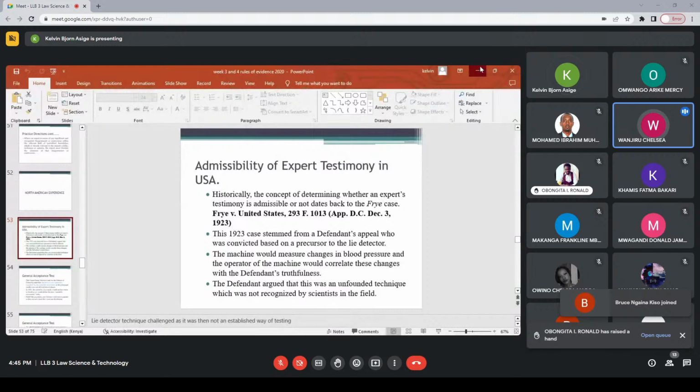On another point, which I think Franklin also talked about, or also in the practice directions where Ibrahim was asking you about when the expert has been called by one of the sides and he tends to lean on one side, from this case, these principles were laid down: the expert should be aware of his primary duty to the court to give expert evidence.